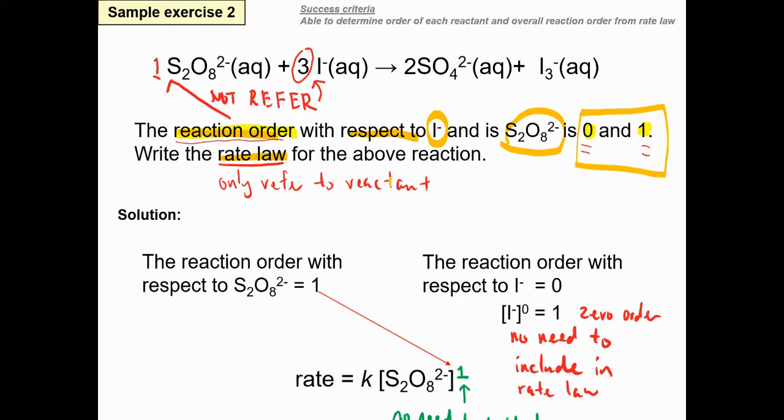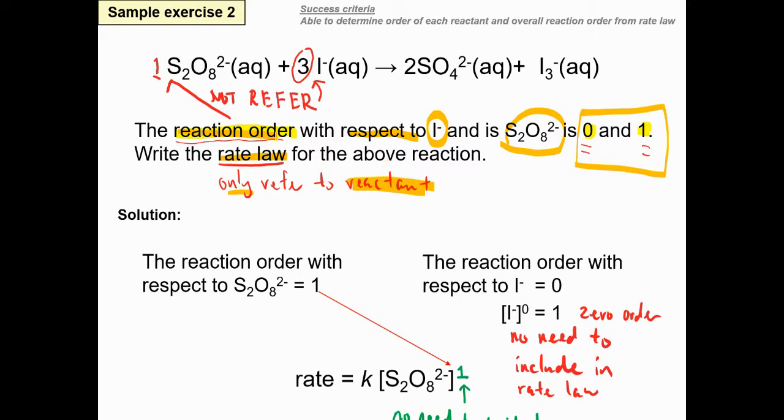In this question, there are two things that you need to pay attention to. That is reaction order given, and rate law only refers to reactants. We only write rate law referring to reactants.